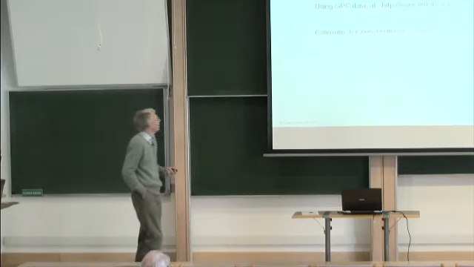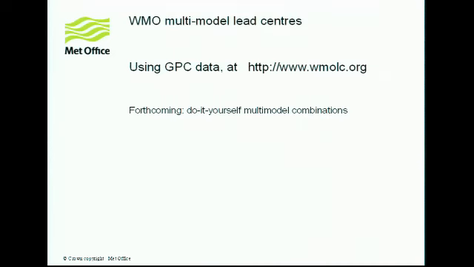And again, the WMO has been active in trying to coordinate all of this. So there is actually now a website where multi-model forecasts are available from all these global producing centres. So increasingly there's coordinated information being produced on the seasonal scale from these GCMs, and hopefully soon there'll be do-it-yourself sites as well, where you don't have to take their word for it as to what the best combination model is.